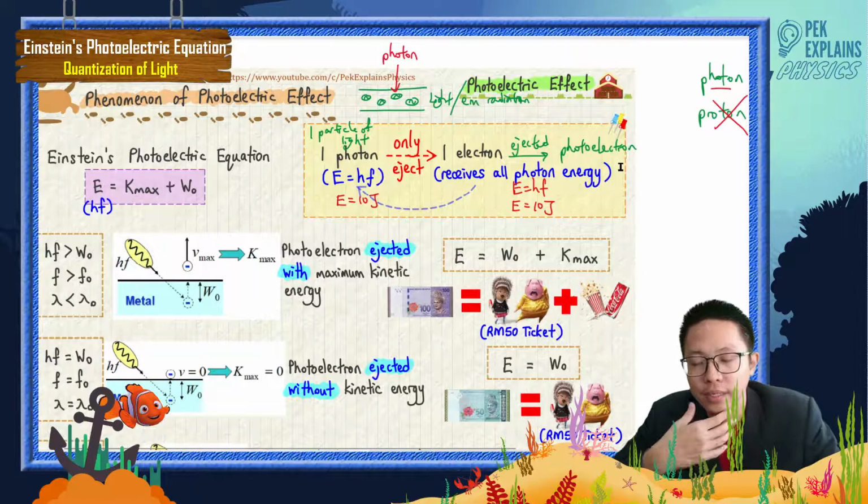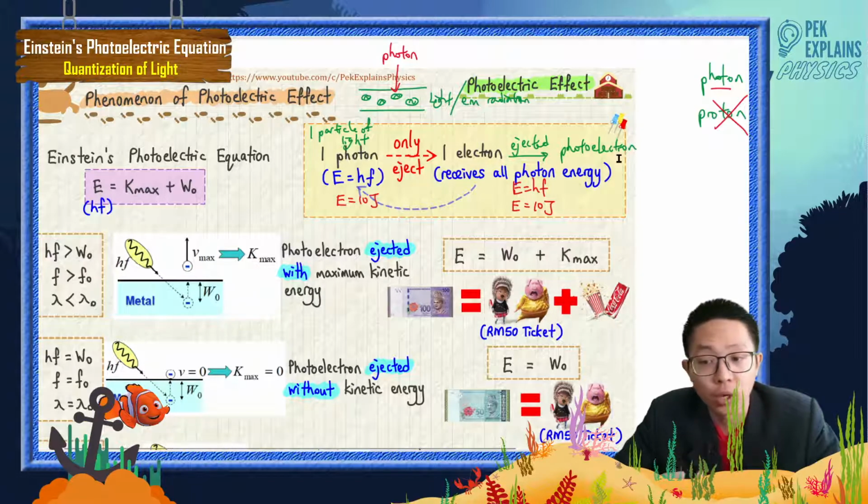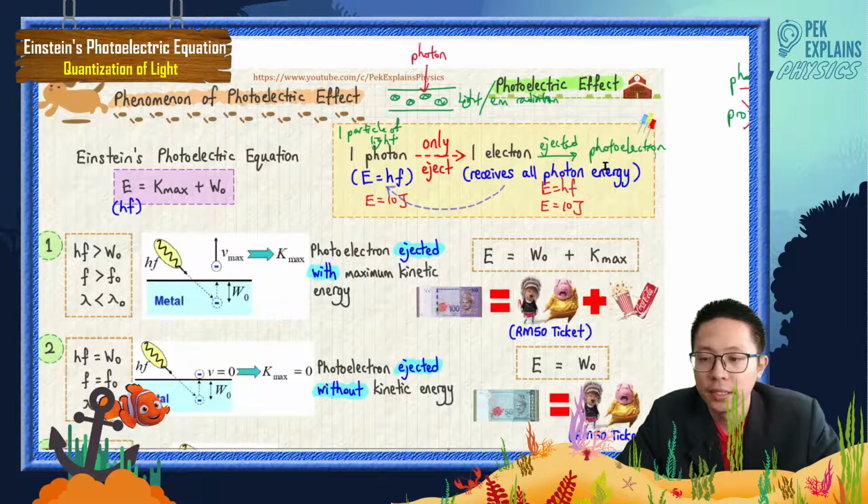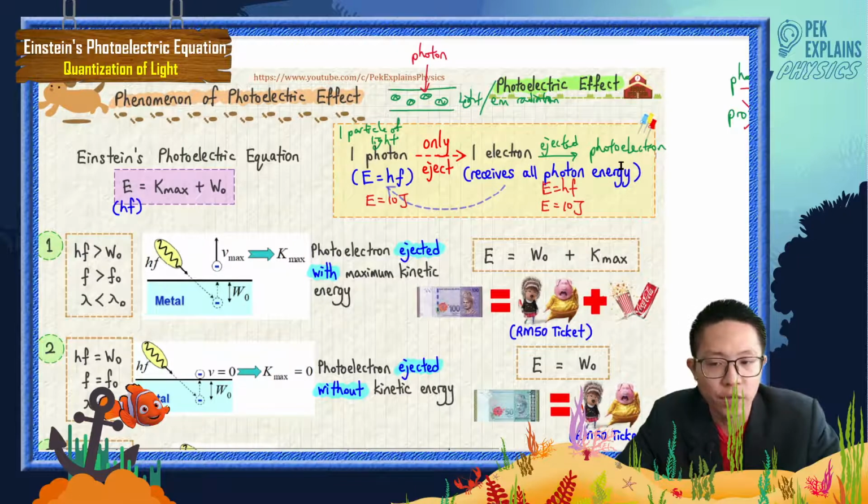Or we can say the electron has already absorbed all the energy from the photon, ejected, and become a photoelectron. Why is it ejected? Because you receive the photon. That's why the name itself is called photoelectron. It ejects from the metal surface with the help of the photon.